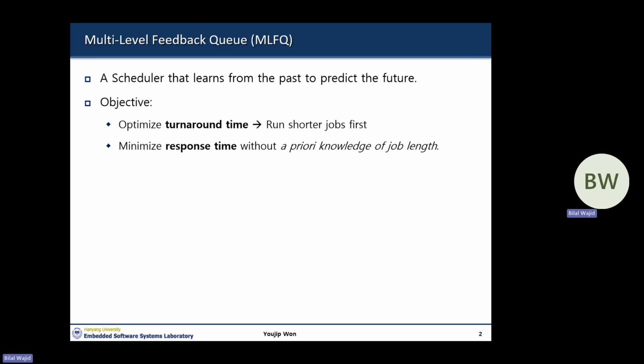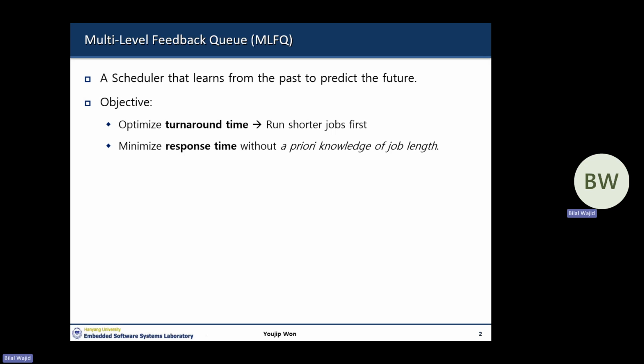The first priority is to optimize the turnaround time, a metric we introduced in the last episode. The turnaround time is the time between when a process arrives and when the process completes. A job is another word for process, which is another word for program.